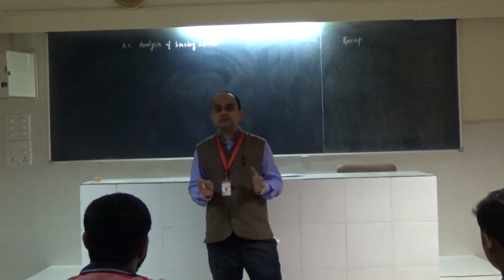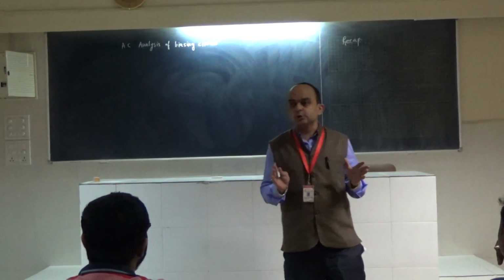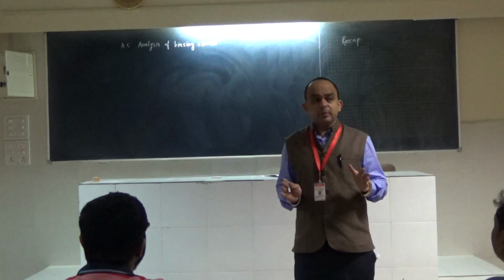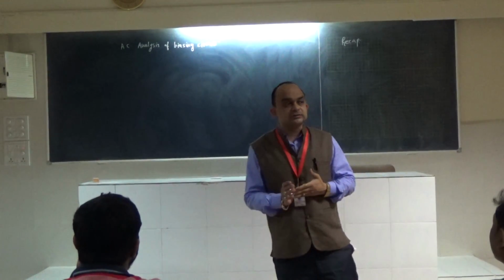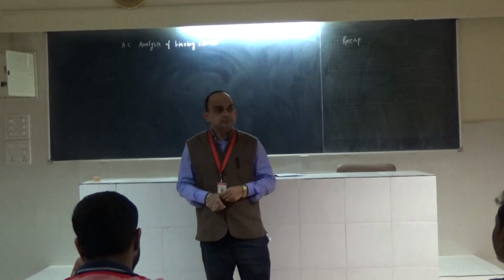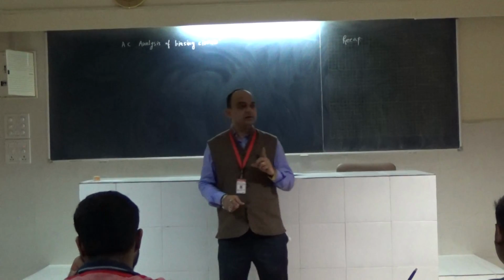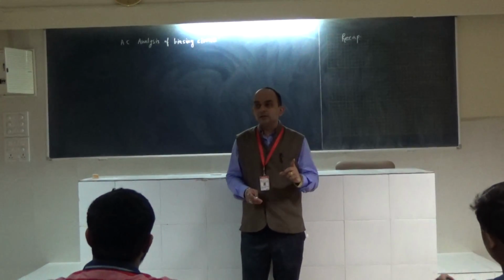All the parameters we could find out using the DC analysis or Q point analysis method. But now what is the next step? The higher level of difficulty I have started. What model did we propose last time? The re model, emitter resistance model.